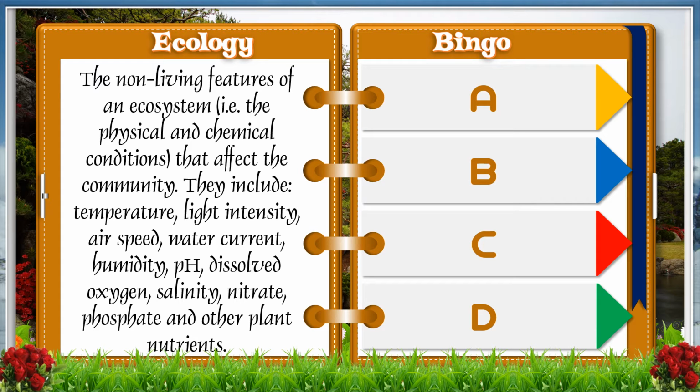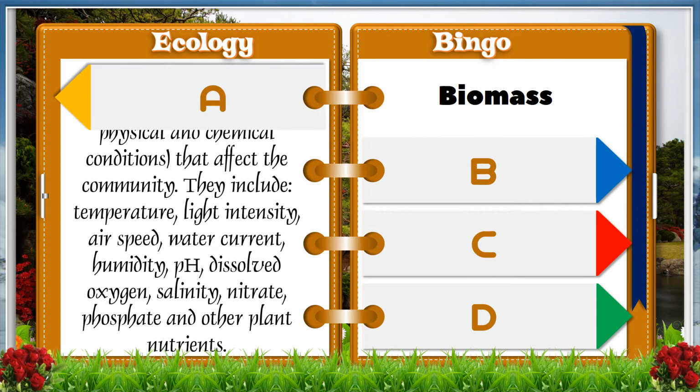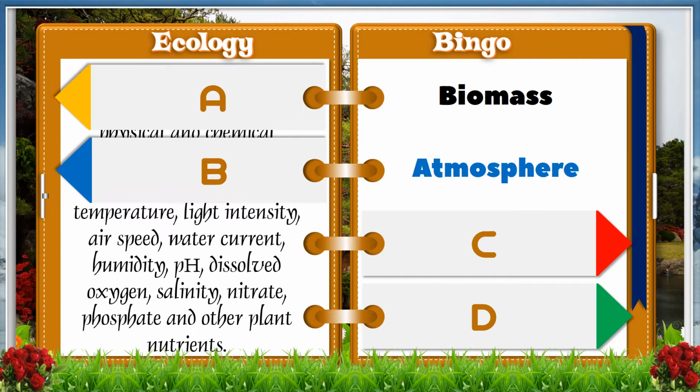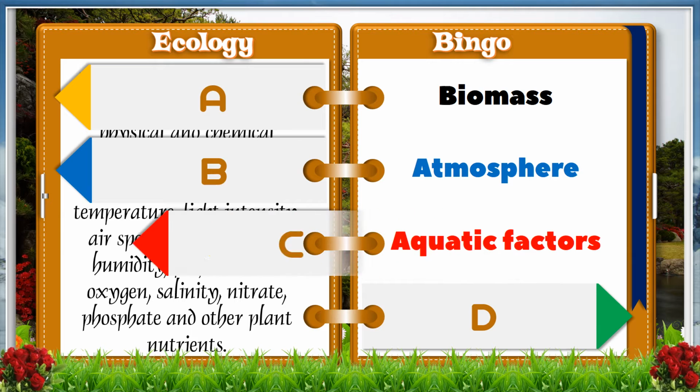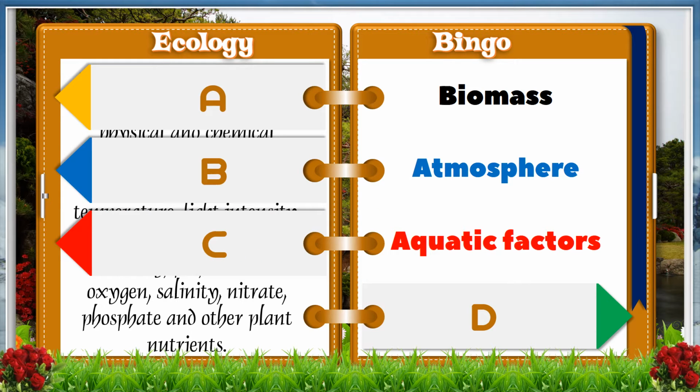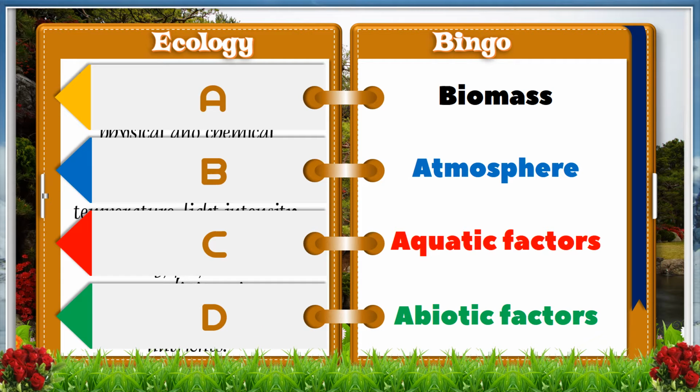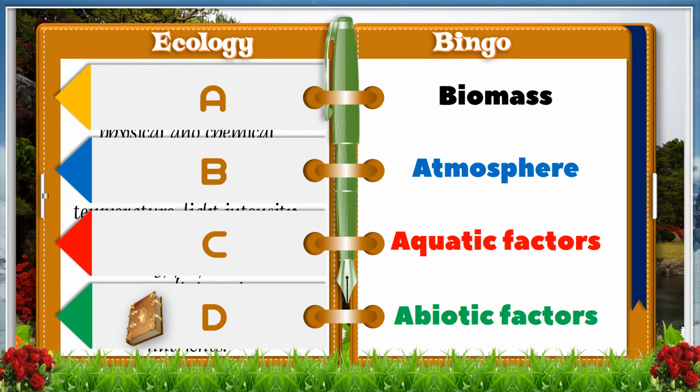The answer is part A, biomass. Part B, atmosphere. Part C, aquatic factors. D, abiotic factors. The answer is D, abiotic factors.